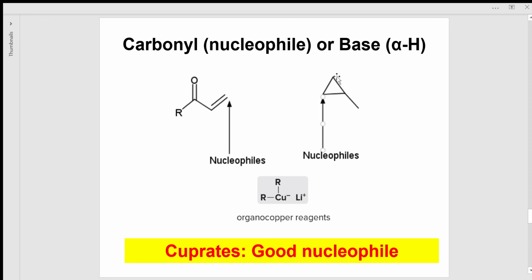This is not a cyclopropane. This should be oxygen here. Epoxide, because the strain of the epoxide is so strong that even though this is not a very strong nucleophile, it still can react with the epoxide. Again, these are the reactions we learned in chapter 17.